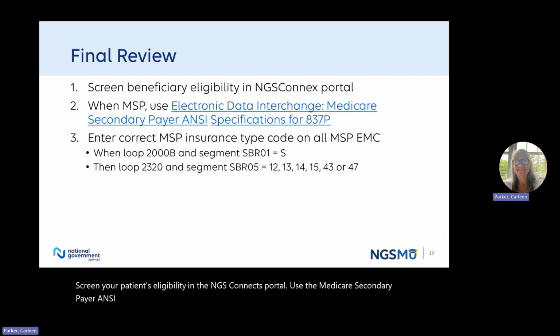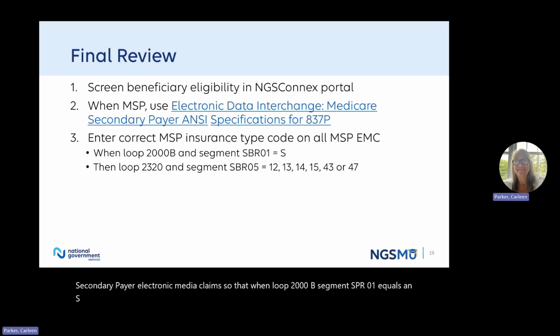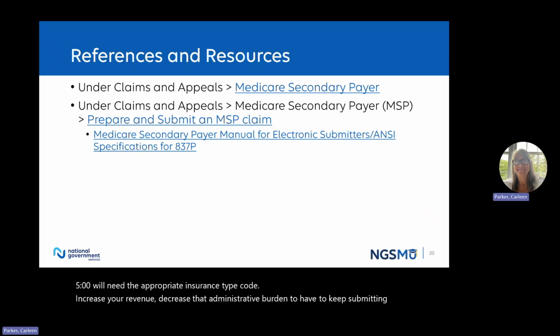You want to enter the MSP insurance type code on all Medicare secondary payer electronic media claims, so that when loop 2000B segment SBR01 equals an S, then loop 2320 in segment SBR05 will need the appropriate insurance type code. Increase your revenue, decrease that administrative burden of having to keep submitting claims over and over again.